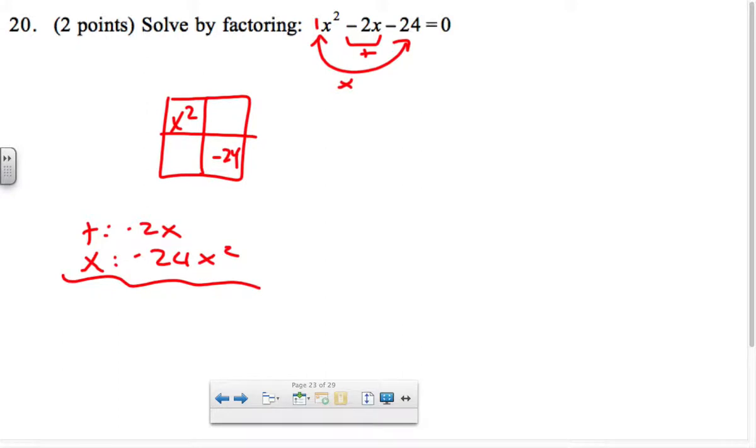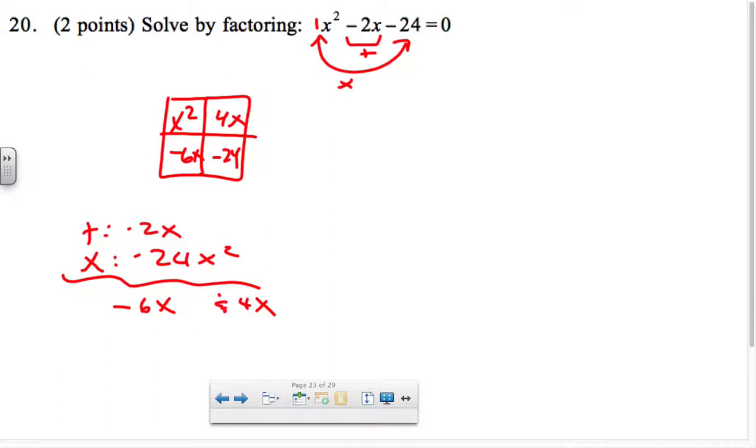So I think of my factors of negative 24, and hopefully you stumble across negative 6x and positive 4x, because those two add to negative 2x. So I put those in here, doesn't matter where they go.